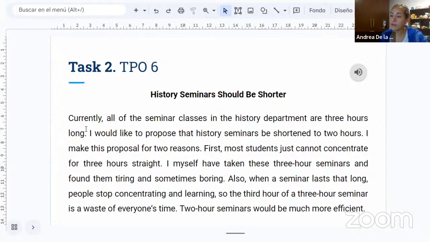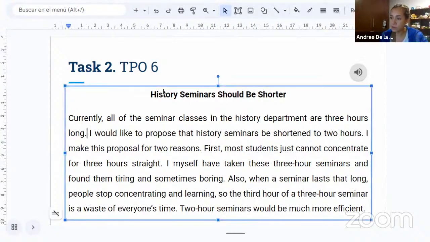So for example, the first reason that the student gives for reducing the number of hours in the seminars is that according to this reading, students cannot concentrate for 3 hours, right? So say the opposite. First of all, the woman in the conversation doesn't agree with this plan of shortening the seminars.